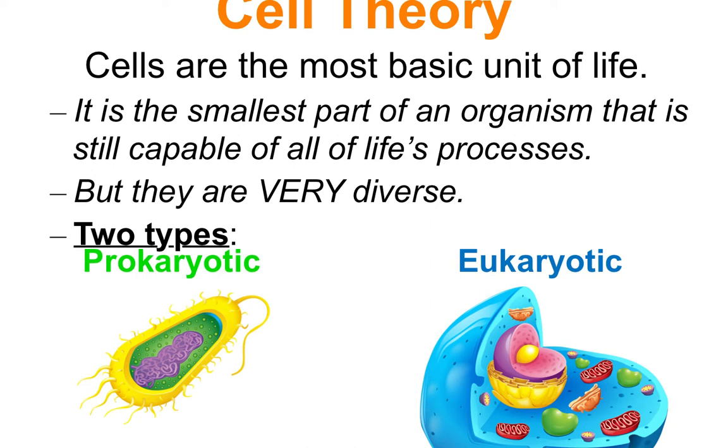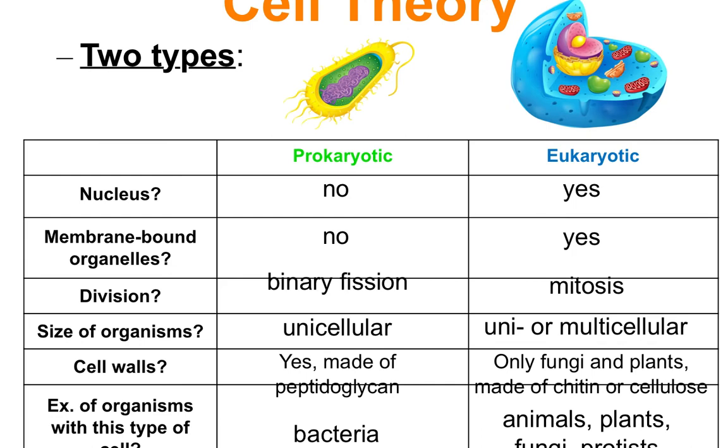And a eukaryotic cell has a nucleus, this right here, that contains all of the DNA that belongs to that particular cell. Now, in order to distinguish between the two types, the main question is, does it have a nucleus? If it does, chances are it's a eukaryote.